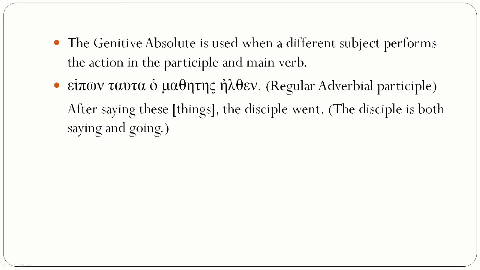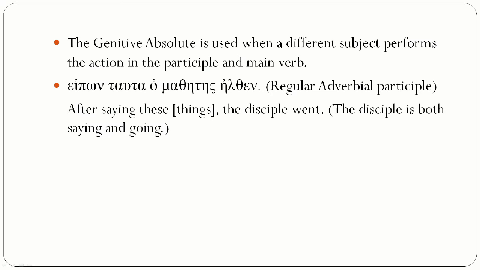If you have a regular adverbial participle, the same subject does both of those. The genitive absolute is when you want a different subject to be performing the participle action from the main verb action. Now we have two subjects rather than just one. With the regular subject, it's the same subject. We only have one subject.